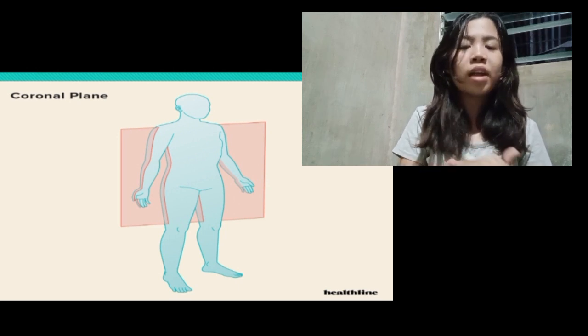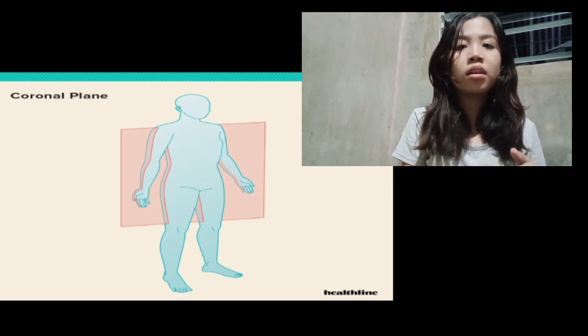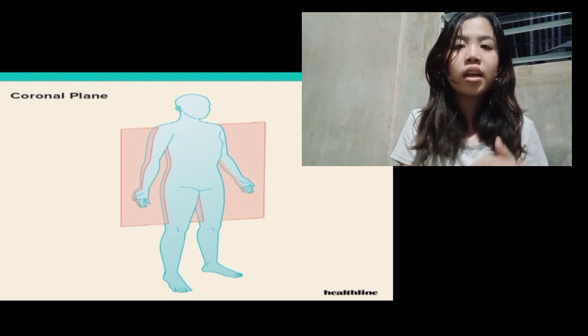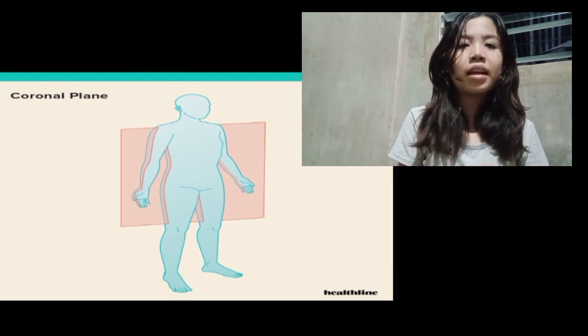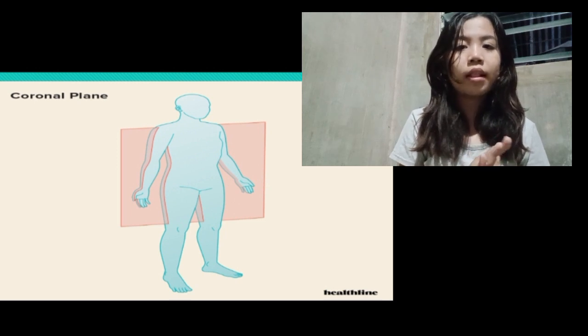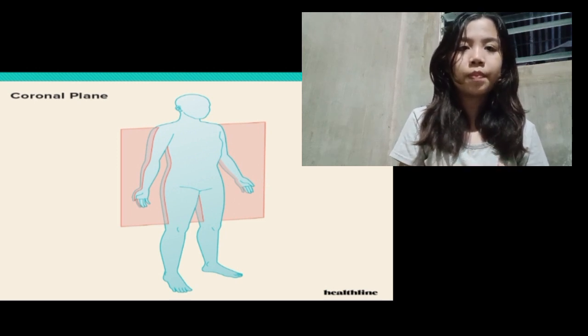If we imagine a line running from one side of our body to the other, dividing it into front and back halves, that line is what we call the coronal plane. This plane is also oriented at a right angle to the sagittal plane, which divides the body into right and left halves.